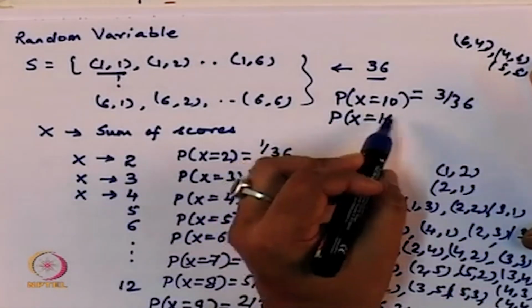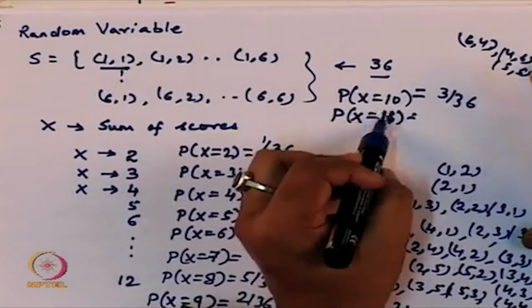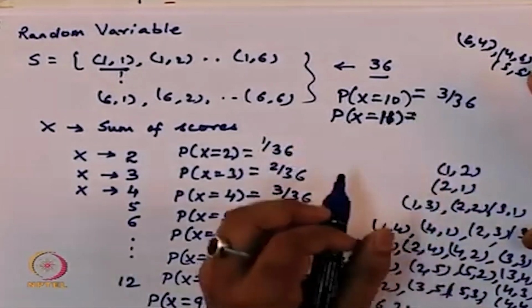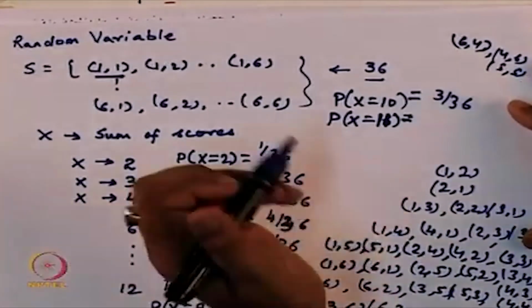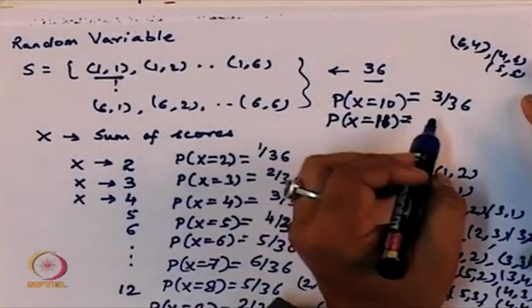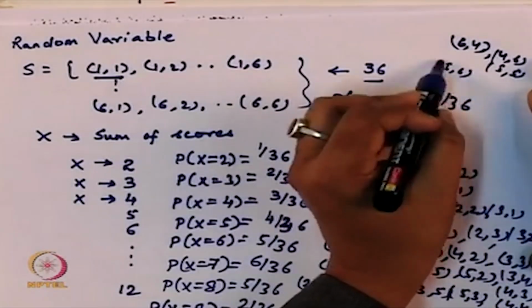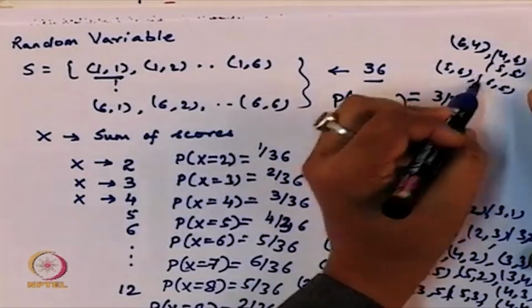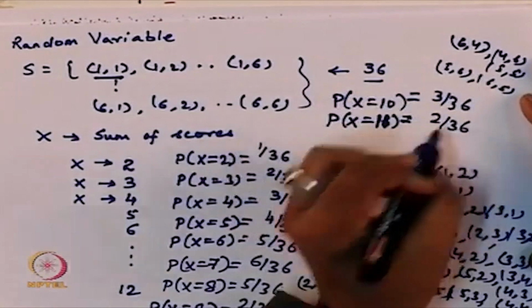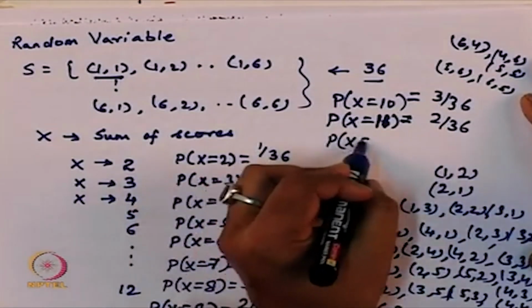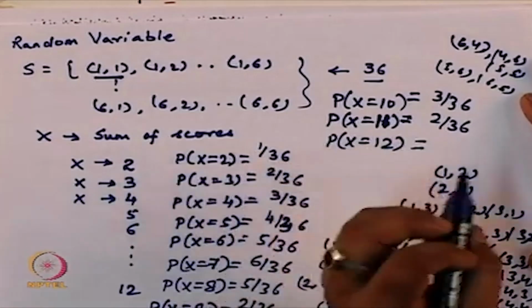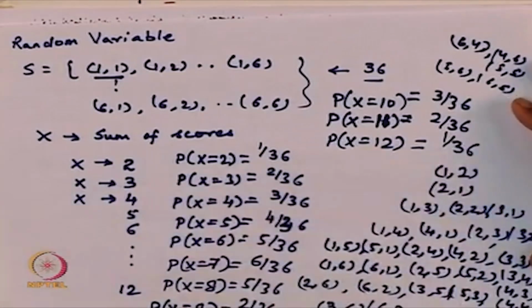X equal to 11 is simply (5,6) and (6,5), 2 by 36. Probability of x equal to 12 is simply 1 by 36.